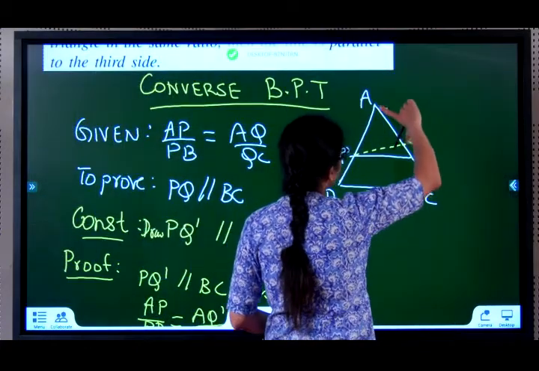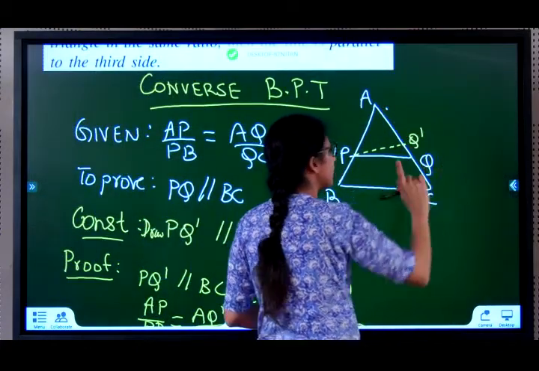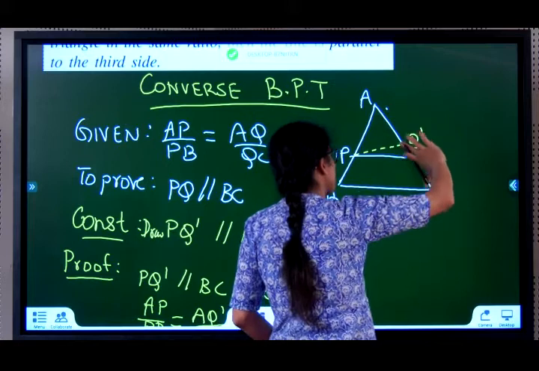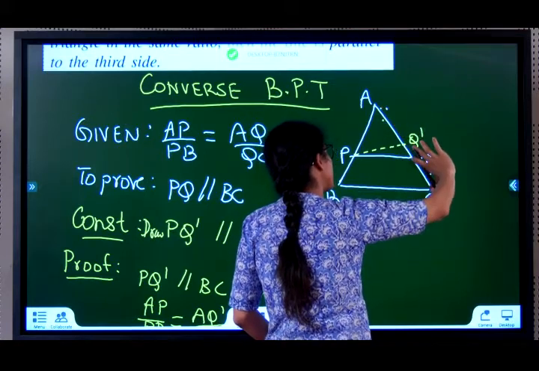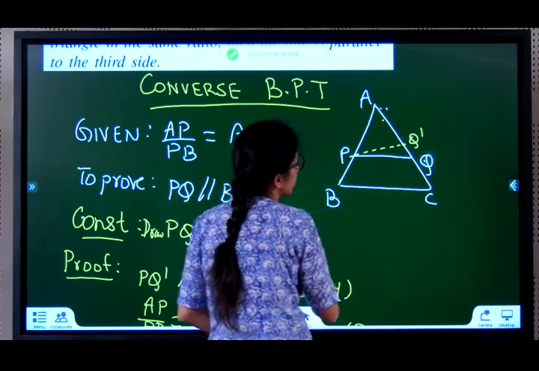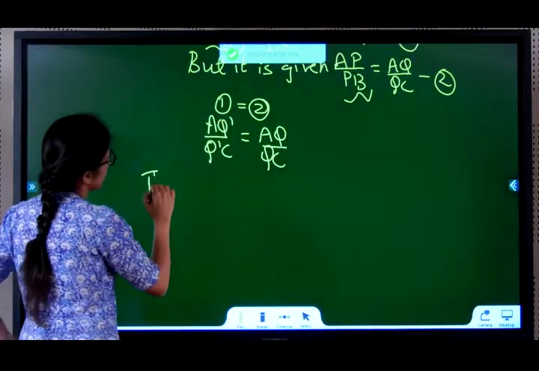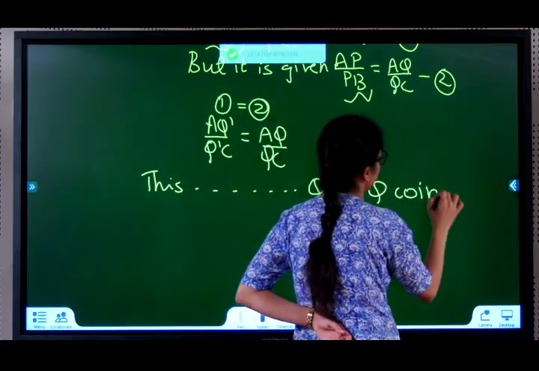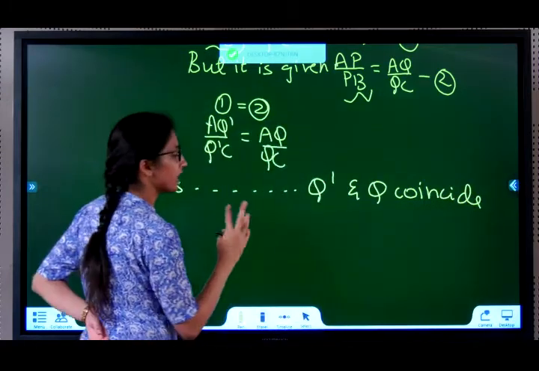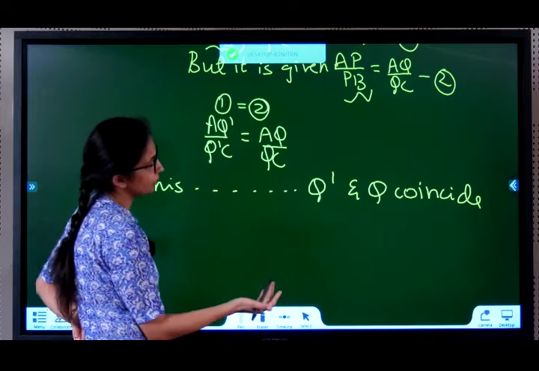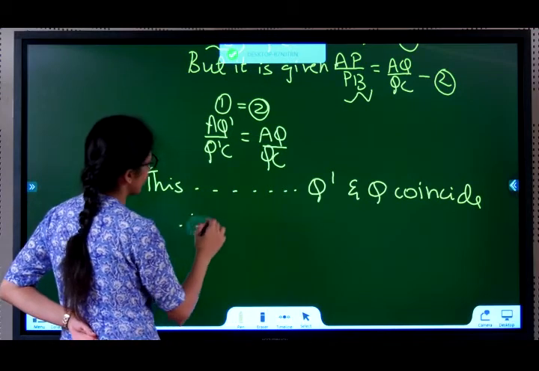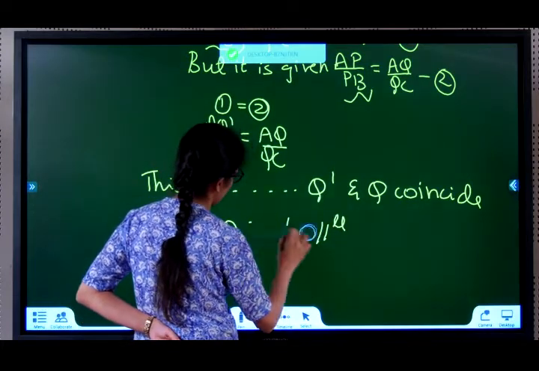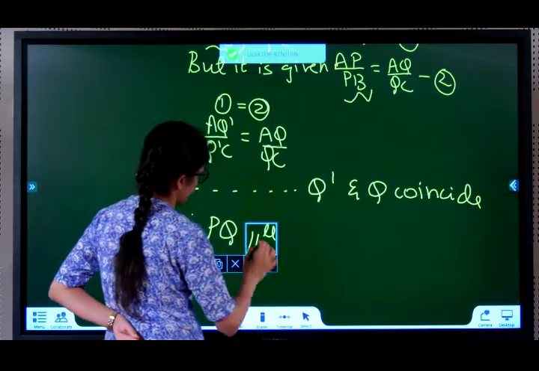If AQ dash by Q dash C on the same line is equal to AQ by QC, this is possible only when Q dash and Q coincide. If Q dash and Q coincide, PQ dash is parallel, therefore PQ is parallel to BC.